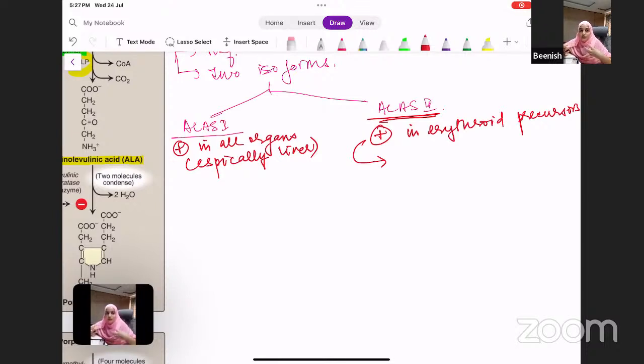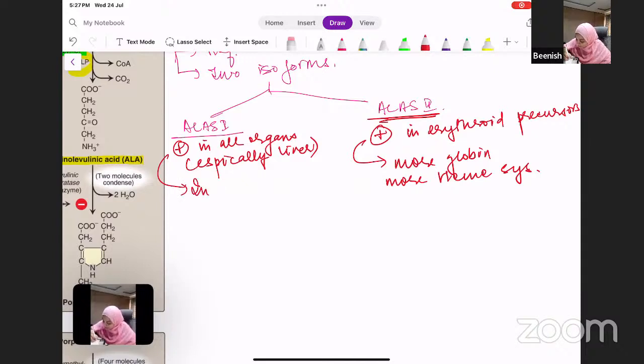If there is more globin, there should be more heme. So more globin, more heme synthesis.